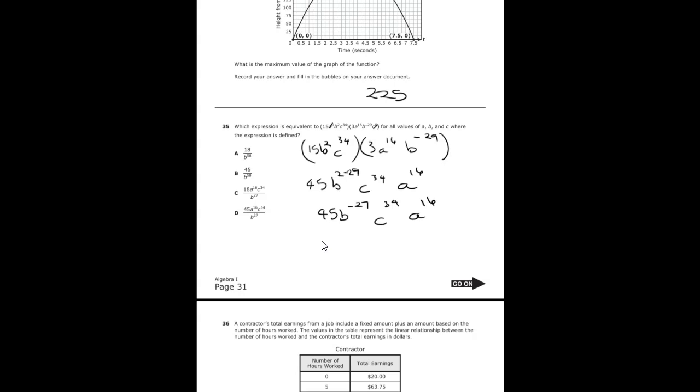When we look at this, b to the power of negative 27 is divided by b to the power of 27. So this is 45, a 16, c 34 divided by b 27. Oh, that's the wrong one. It's 45.